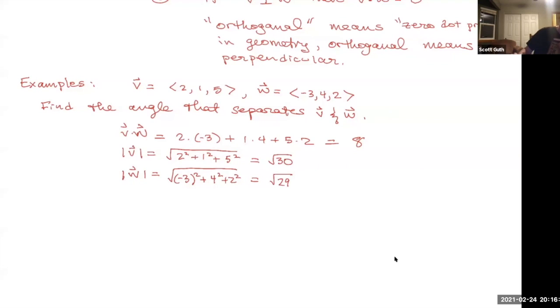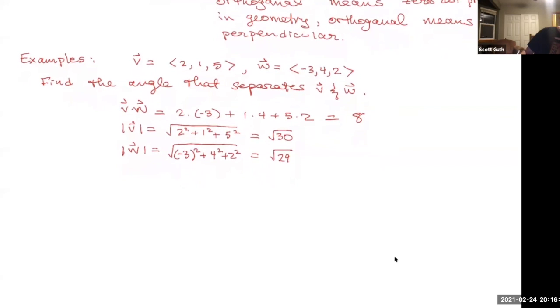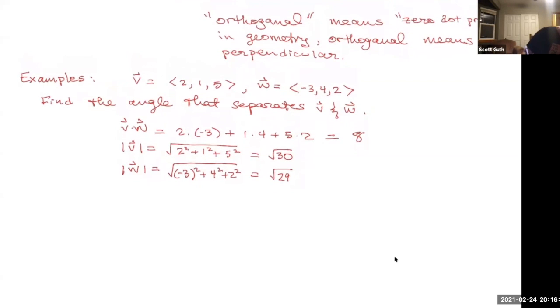Okay. And so we know that the cosine of theta, the angle that separates them, is v dot w over the magnitude of v times the magnitude of w.